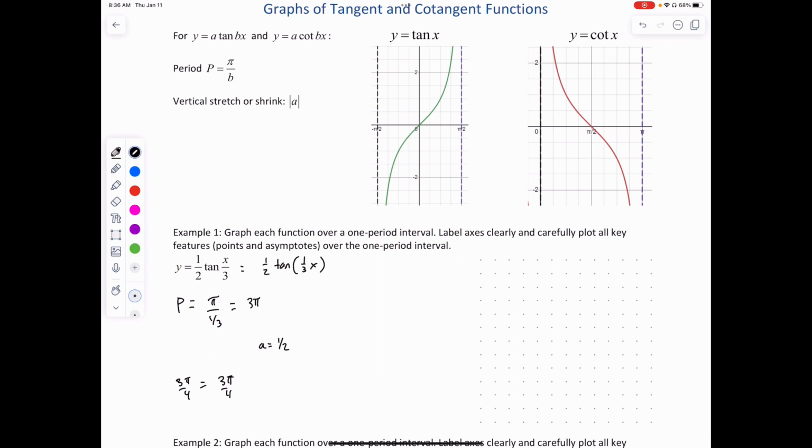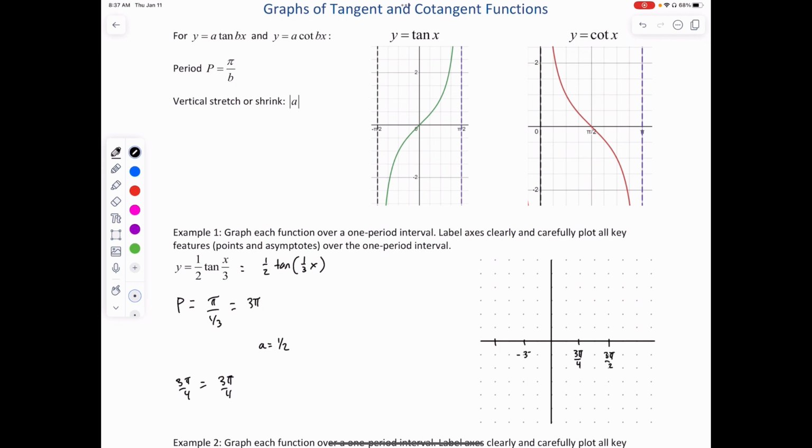So let's go ahead and set this up. We notice the tangent is centered on the y-axis, so I'm going to sketch my y-axis right down the middle, and the x-axis down the middle, because there's no shifting in this problem. What else? We're counting by 3 pi over 4, so I'm going to go 1, 2 ticks to the right, and 1, 2 ticks to the left. This would be 3 pi over 4, and then if I double that, I get 3 pi over 2.